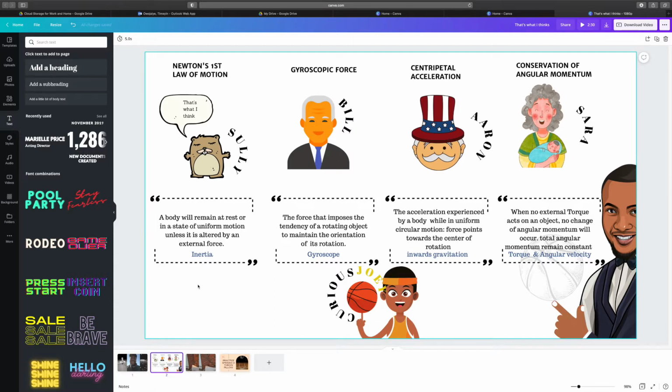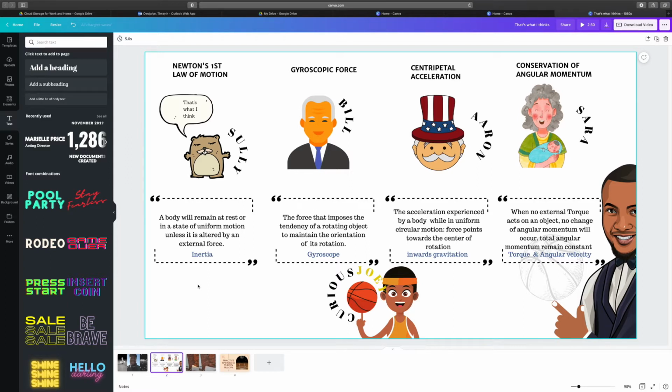An example of external force would be a physical push or, in this case, friction. What Sully suggests is that inertia, which is the reluctance to change the state of rest or uniform motion, is what is responsible.